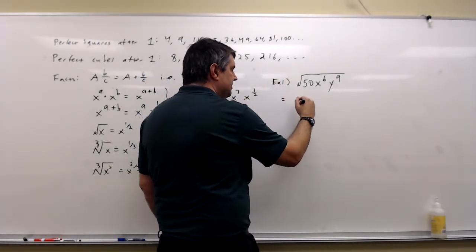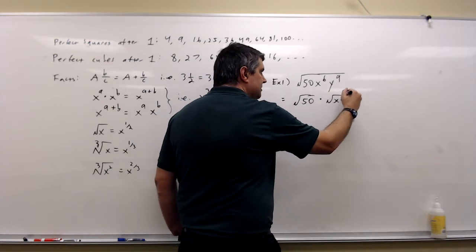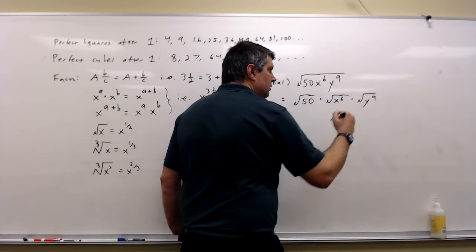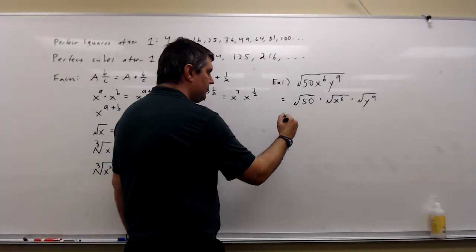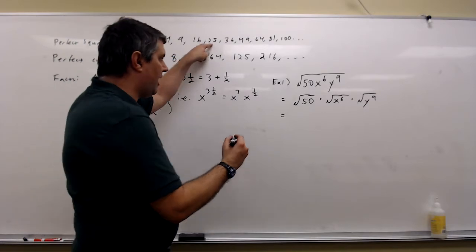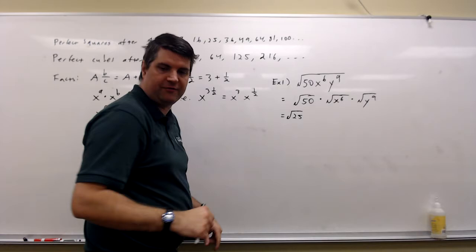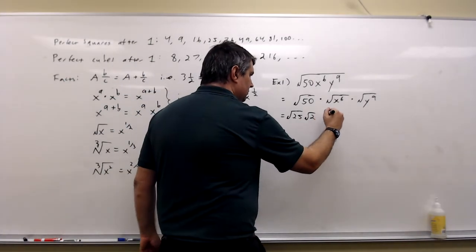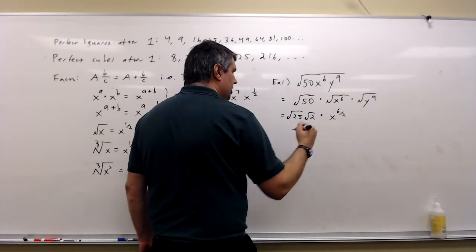So I would split this up into the square root of 50 times the square root of x to the 6th times the square root of y to the 9th. Okay? And I would simplify this. 50 is divisible by the perfect square, 25. And 50 divided by 25 is 2. I'm going to take x to the 6th and put it over 2.